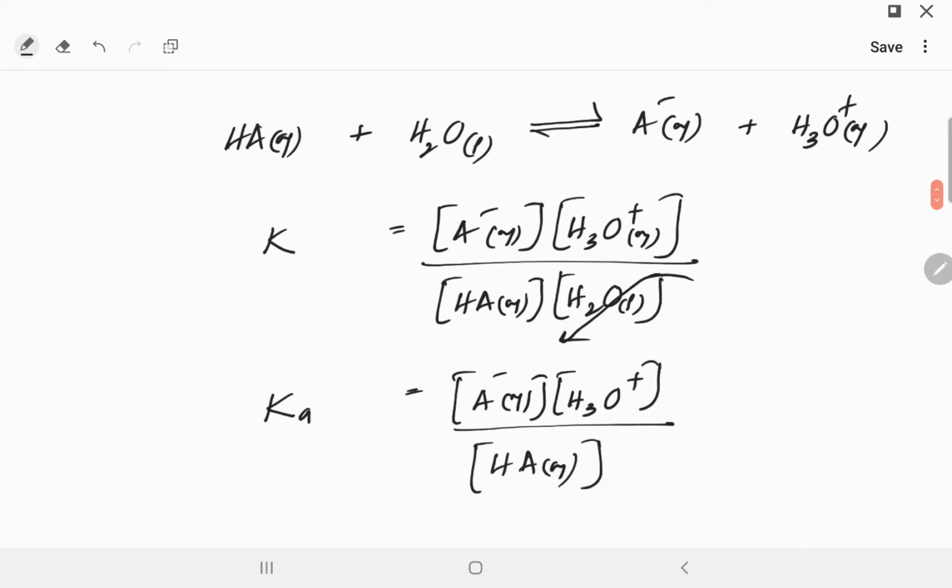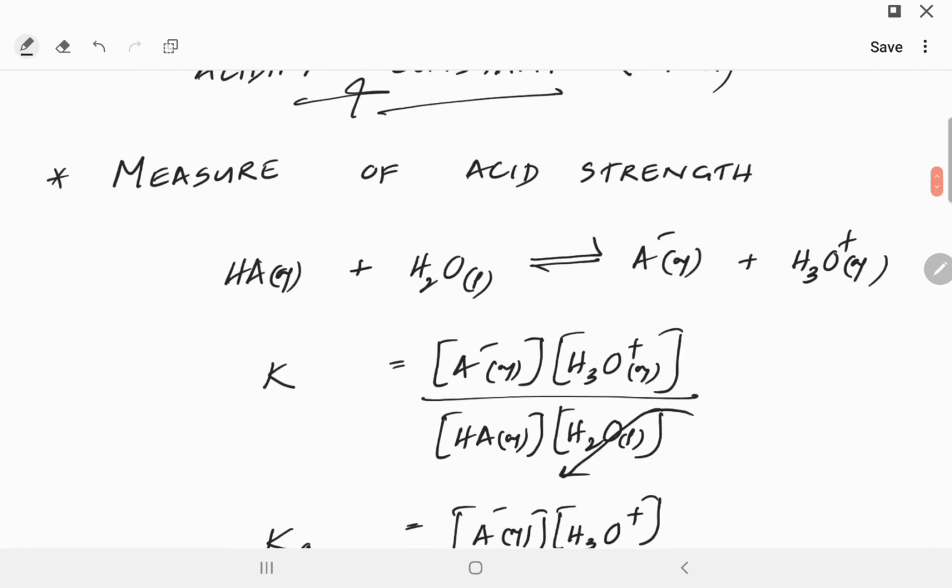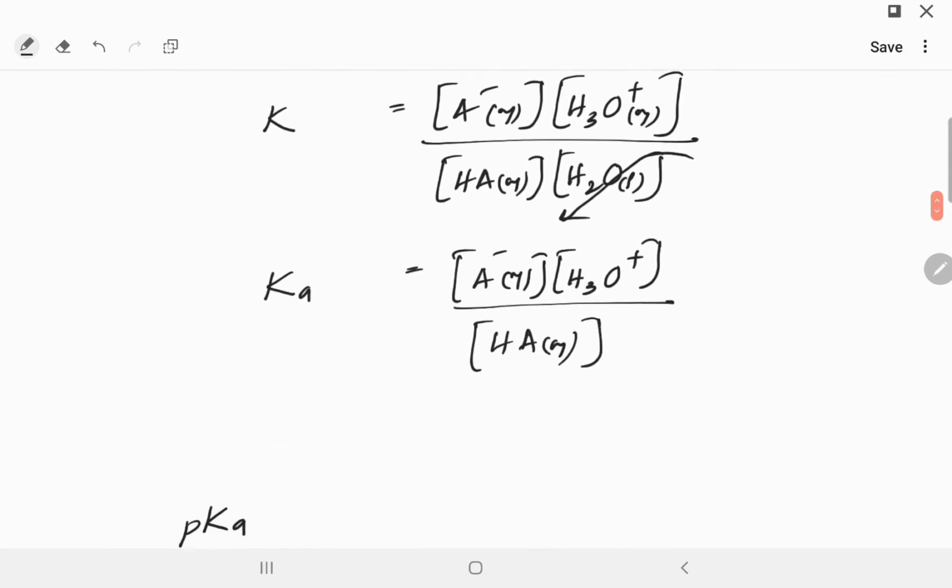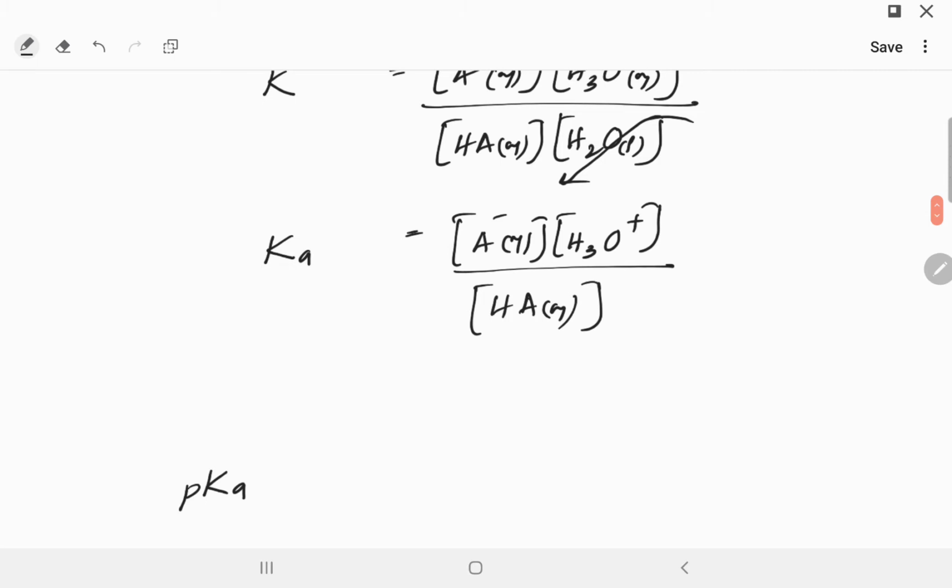Once again, when we are deriving the equation for Ka, we multiply the equilibrium constant by the concentration of water. So you will no longer have the concentration of water, which is a constant, and instead you get Ka, which we call the acidity constant. Basically, the acidity constant will give you a measurement of how strong the acid is.